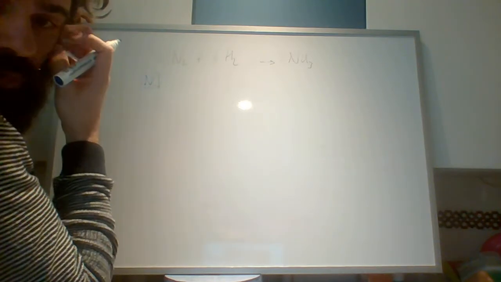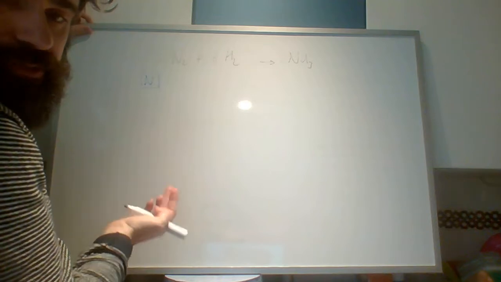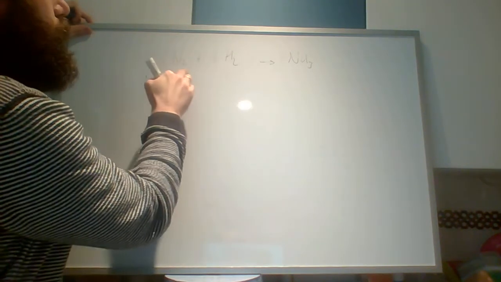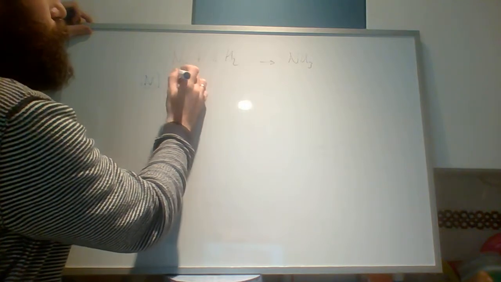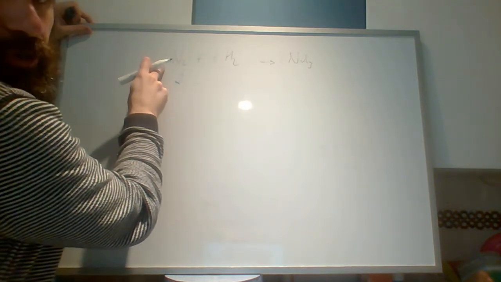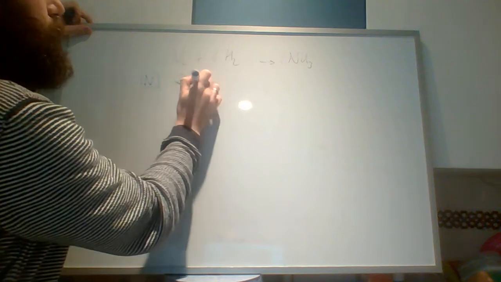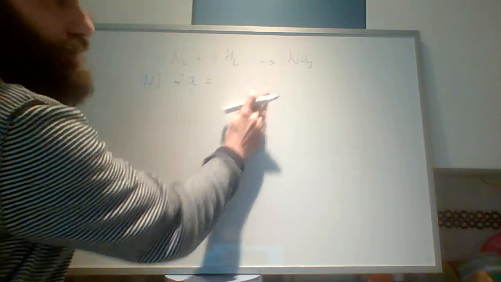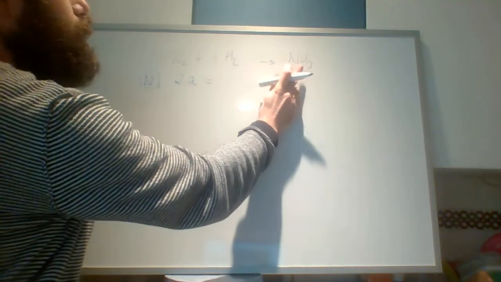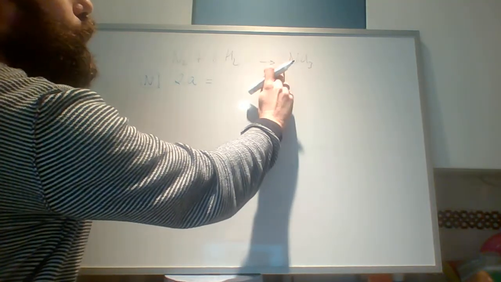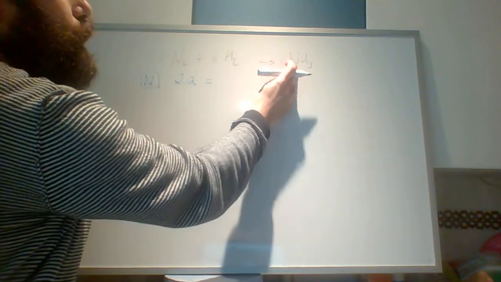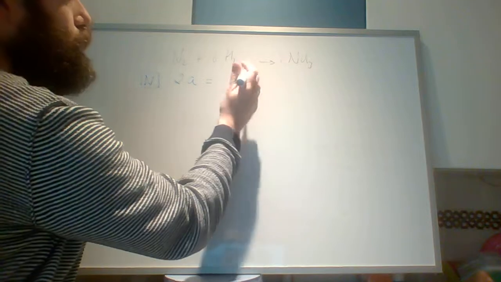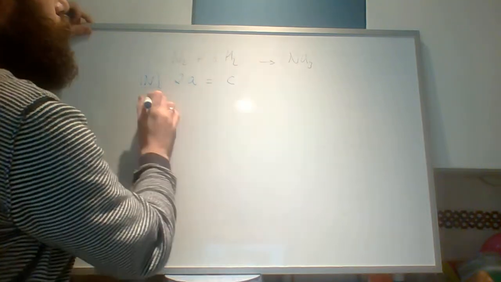In this case, since we are working with grams, it gives the number of moles of molecules. So we have two moles of atoms of nitrogen multiplied by the total number of moles of molecules, so 2 times A. Here you don't have any nitrogen, and it equals, the arrow is translated as an equal, and you have 1 atom in 1 molecule of ammonia, so 1 mole of atoms of nitrogen inside C moles of molecules of ammonia. C times 1 is C.